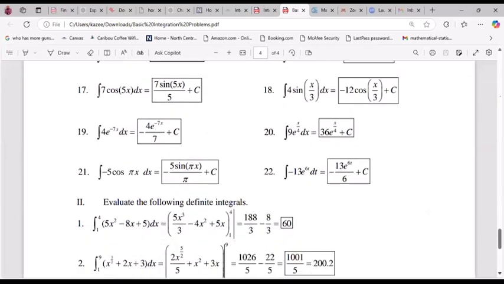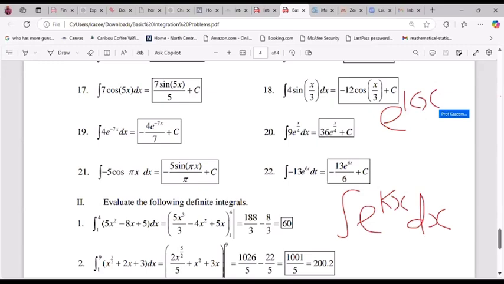When it comes to exponentials, the general rule is: if I have the integral of e raised to the power ks dx, where k is a constant, integrating that is going to be whatever I have divided by the constant, plus c, the constant of integration. So it's going to be e raised to the power ks divided by k.